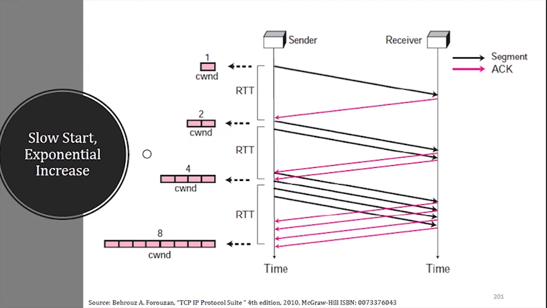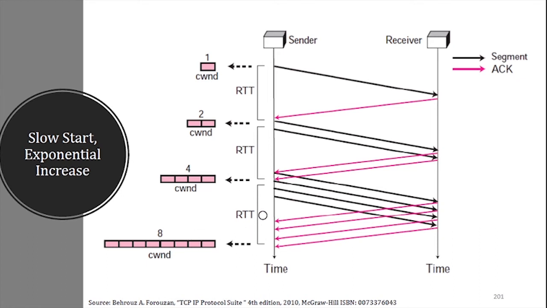After the second round trip time, it has increased exponentially to 4, and after the third round trip time, it has increased to 8. This is the strategy named slow start.